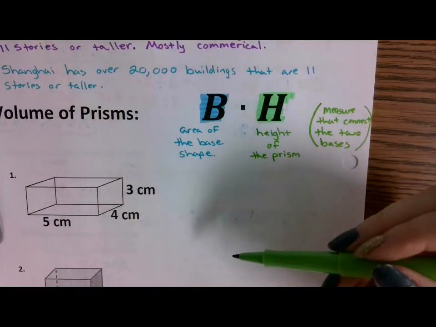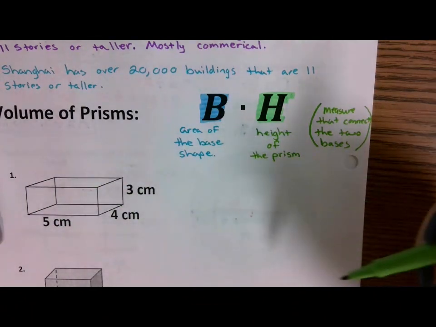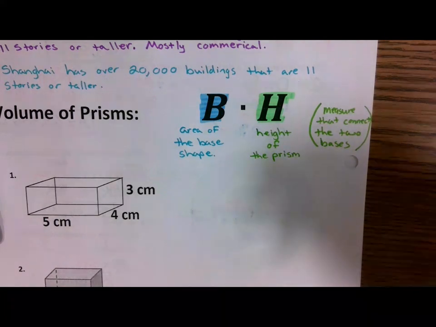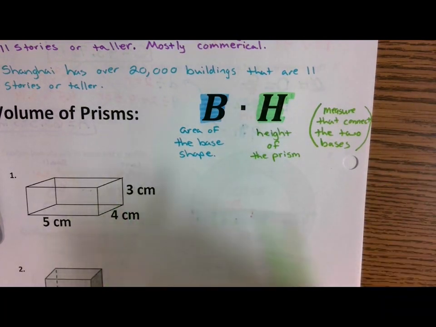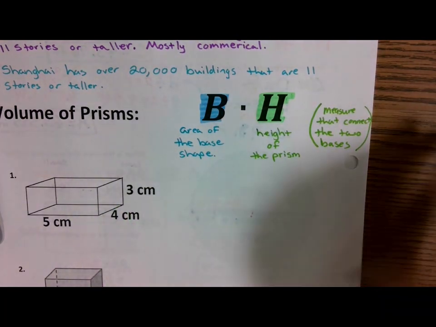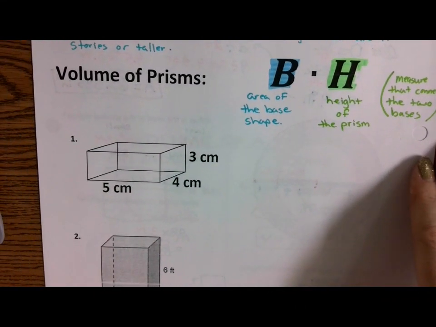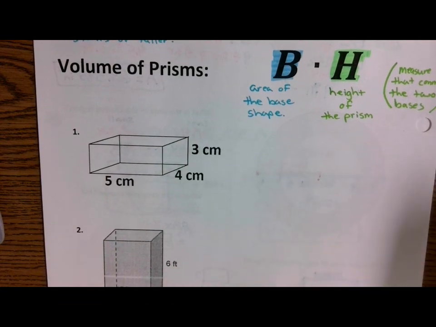Sometimes the triangles might be on top and on the bottom, but sometimes the triangles might be in front and in the back, and you might be laying on the rectangle side. But it doesn't change the fact that the height is still what connects the two triangles together, or connects these two rectangles together. Please be mindful of that. Height is not about top to bottom. It's not always vertical. Sometimes height might look like it's horizontal.